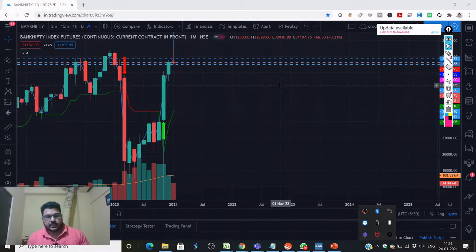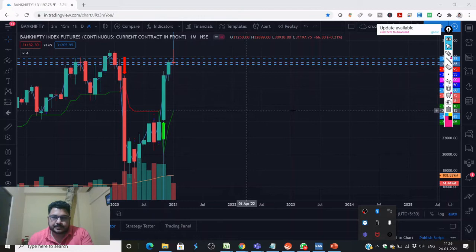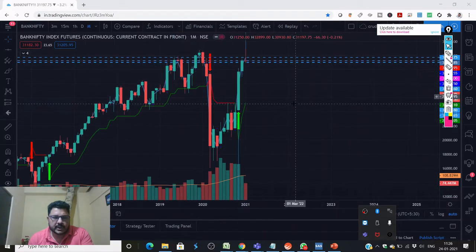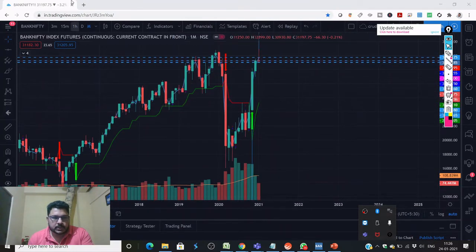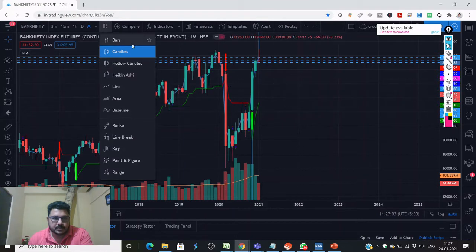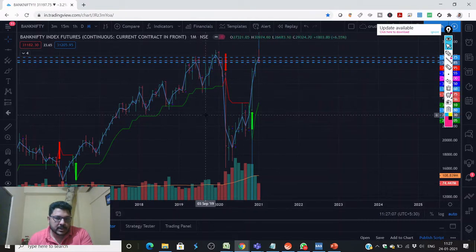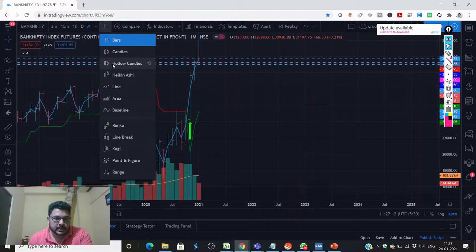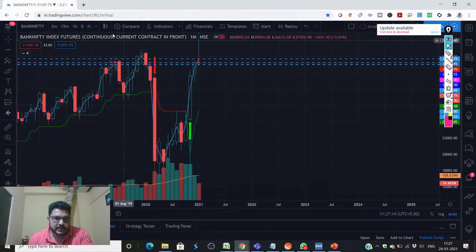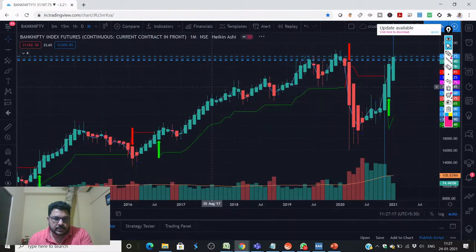So yes, traders, we are on this Bank Nifty chart. Let me show you what kind of chart types we have on any software you take for technical analysis. Here you can see this depicts the candlestick chart. If I click on this, there is a bar chart, which looks something like this. Hollow candles, something like this, and then Heikin-Ashi.